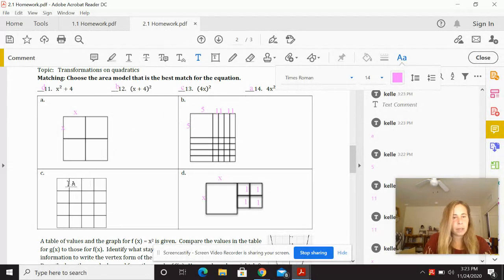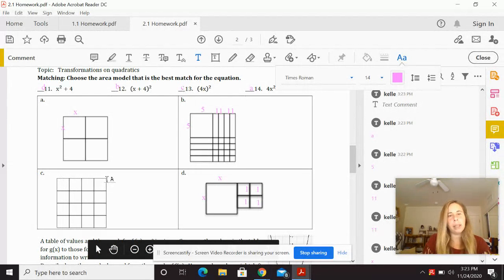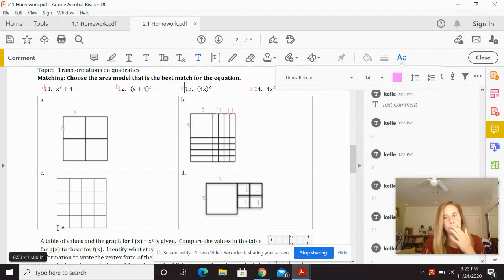So you have 4 and you have 4, but we don't know how long the length is, so we're multiplying 4 by x, whatever x is. So you have 4x's here, you have 4x's here, so that's 4x squared. So 4 times whatever the length is, and that's squared. Okay.